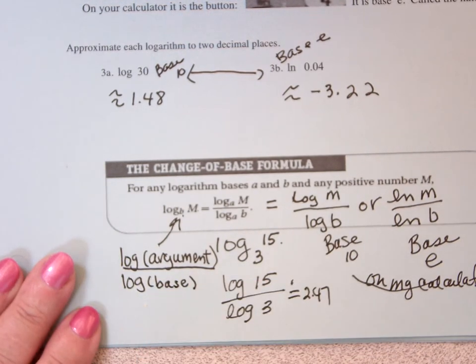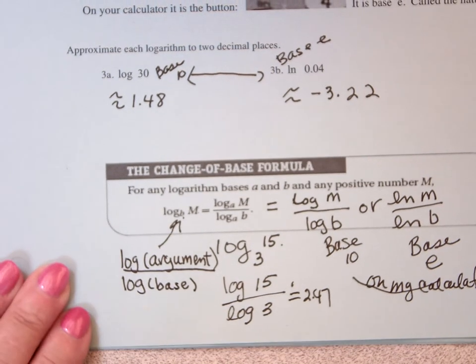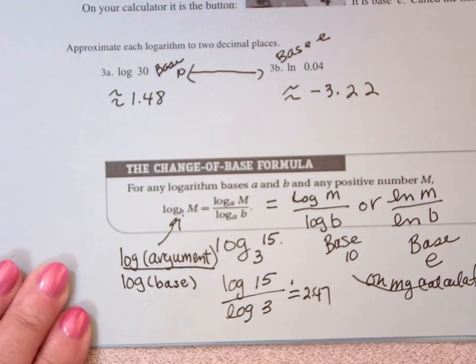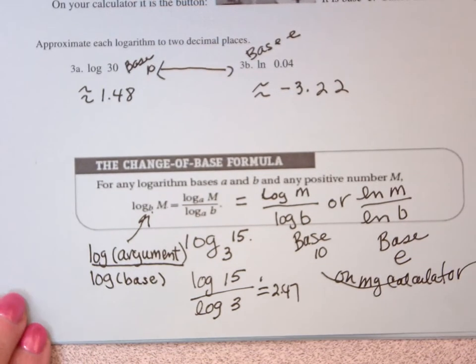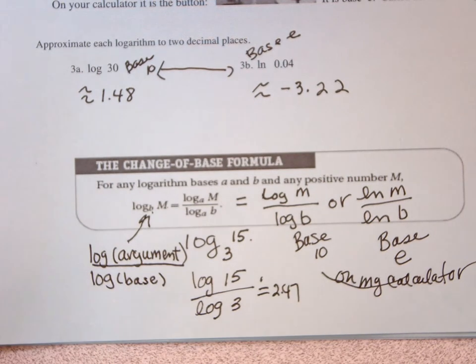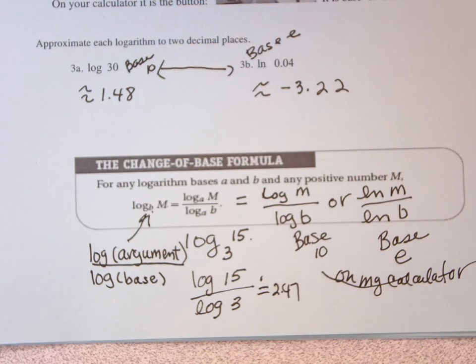The log of the argument divided by the log of the base. And that would be the same whether it's log or ln. Because that enables me in college algebra, because we do a lot of graphing with our calculators, to use my calculator to graph things I wouldn't be able to graph otherwise.